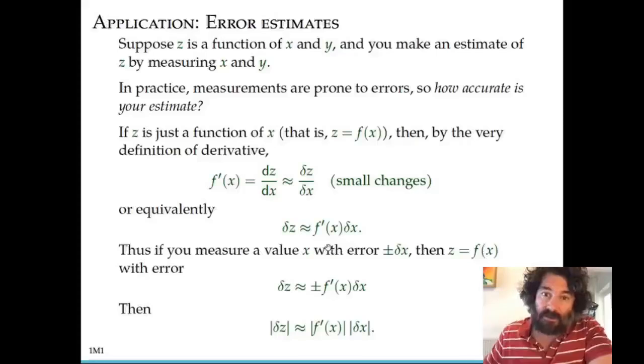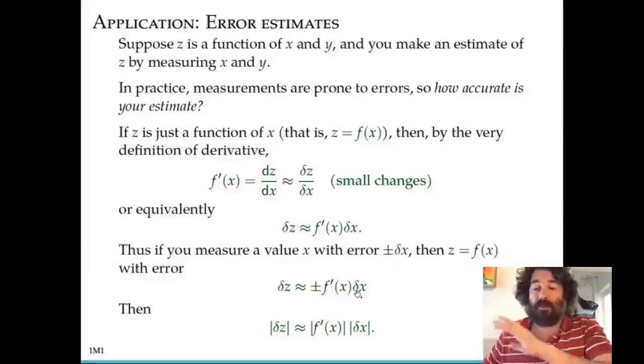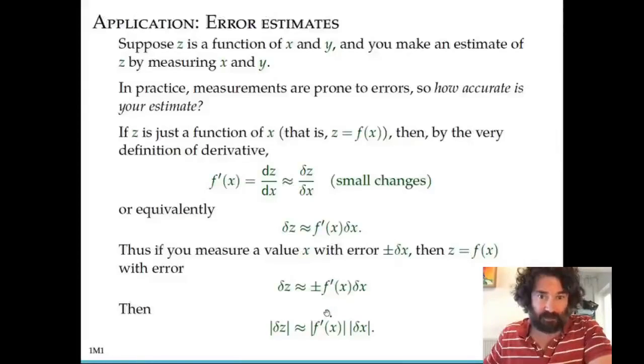If we have, say, a small error in x, we can say delta x is that error. So say we measure x, and we know that the error is about plus or minus delta x. Then we would estimate the error on z based on this formula. The error in z is approximately plus or minus the derivative of f with respect to x times the error in x, or rather I'm taking absolute values, since we don't know the sign of the error and we want to eliminate the plus or minus.